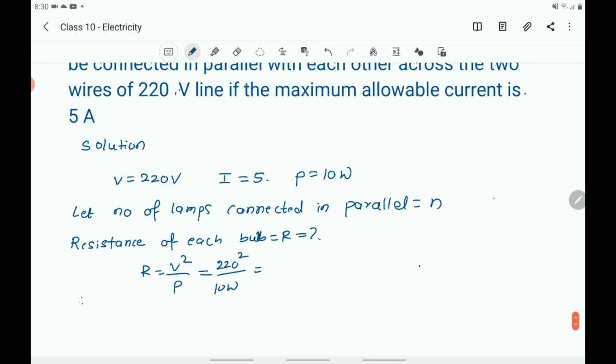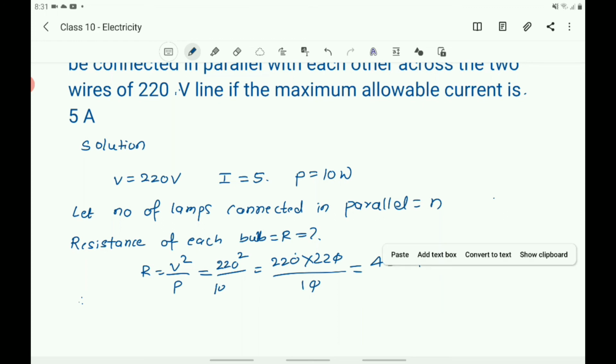That equals 220 into 220, that divided by 10. So you can cancel 0 here. You know that 22 22s are 484, and 0 is there. So it is 4840 ohm.